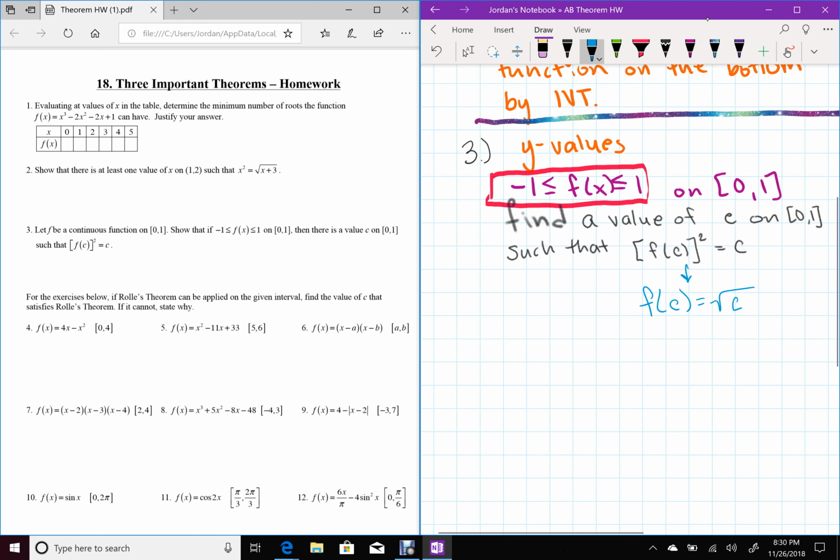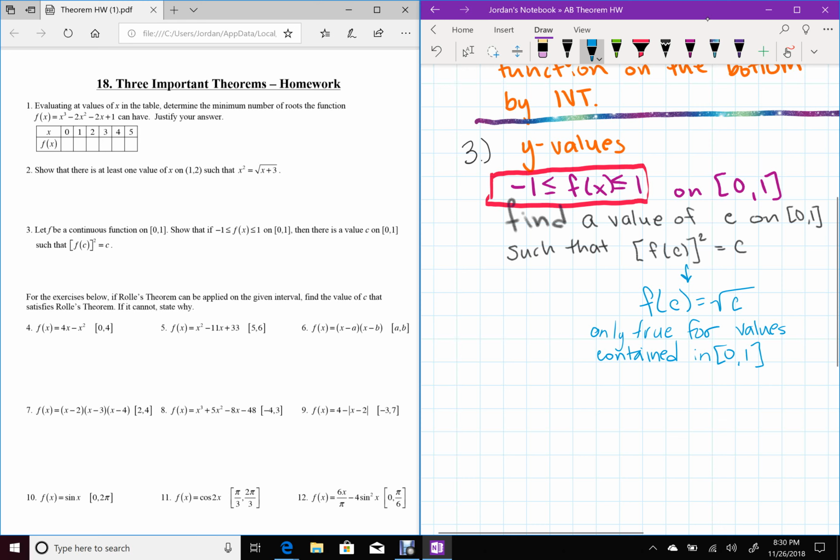And we know that this is only true for positive values, and it will only be true on the interval we were looking at. It's only true for values contained in 0, 1.